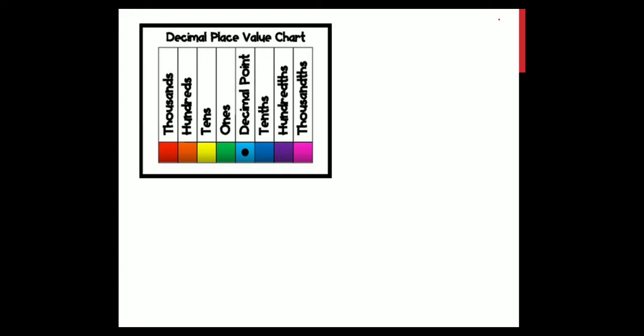Ones, tens, hundreds, thousands go on the left side. On the right side you have tenths, that is 1 by 10, 1 by 100, 1 by 1000, 1 by 10,000, and it goes on like that. That's why we said it is a point that separates a whole number and a fraction, right?